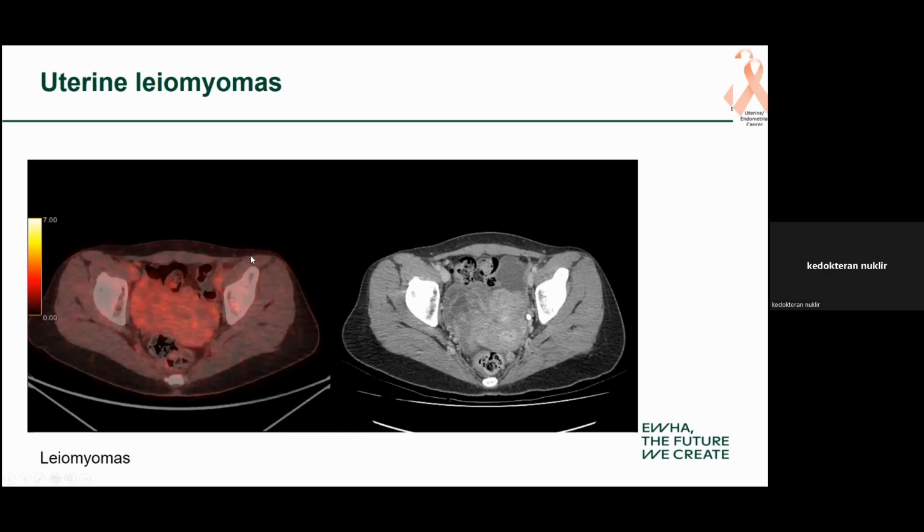Also, is the uptake of adenomyosis related to menstrual cycles?